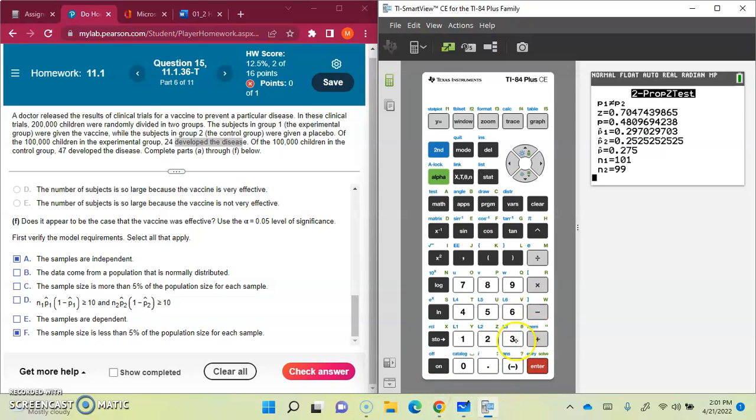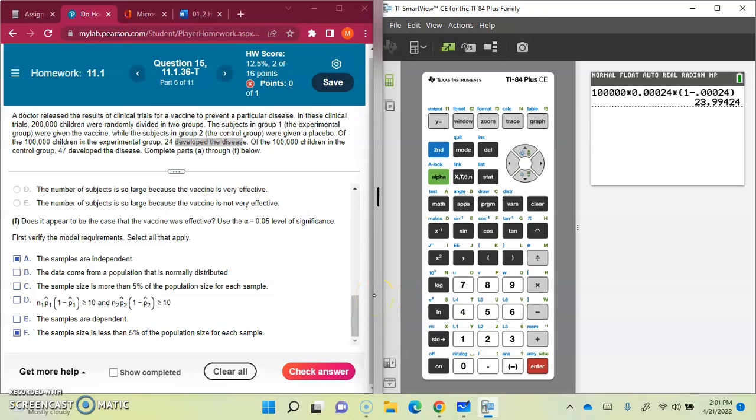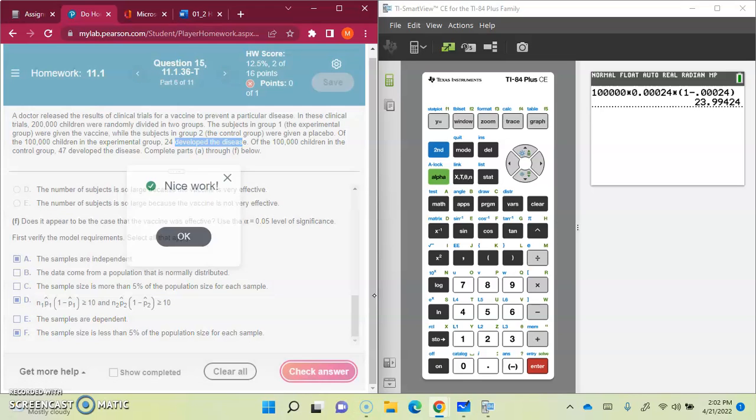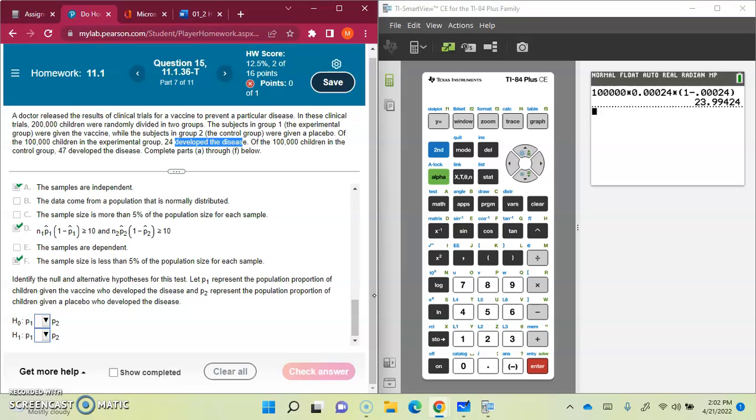So we calculate 100,000 times 0.00024 times 1 minus 0.00024. So that's more than 10. And similarly, you can check n2 times p2 cap times 1 minus p2 cap is also more than 10. It's a simple calculation.